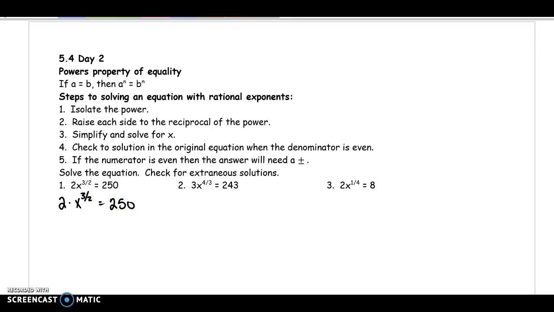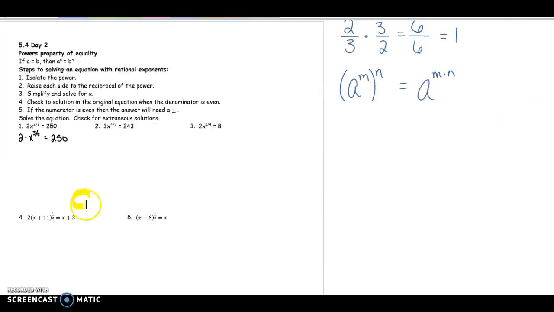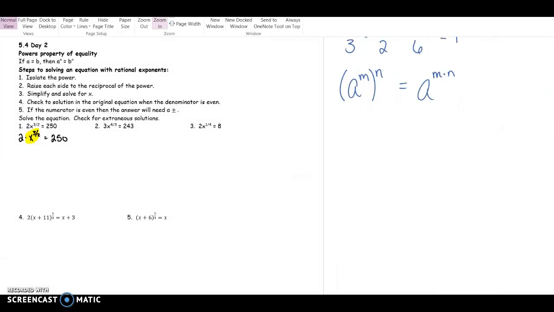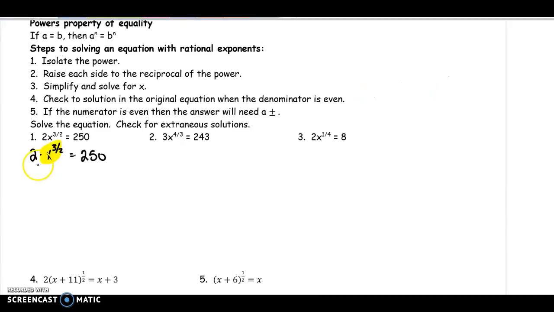So isolate the power means get that x to the 3/2 by itself. How would we do that? So we would divide both sides by 2. That will give us x to the 3/2 equals 125.